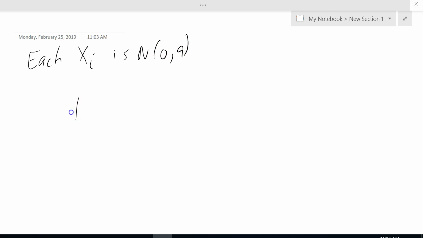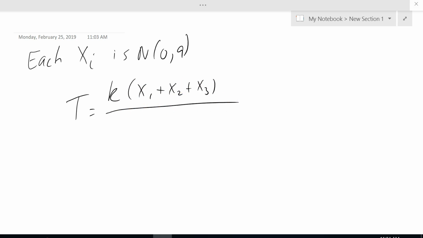And then it asked, first, T was a constant multiple of the sum of the first 3 over the square root of the squares of the next 5, is that right? I'm just trying to remember. Or did I have x's and y's? I think that's right. Okay.